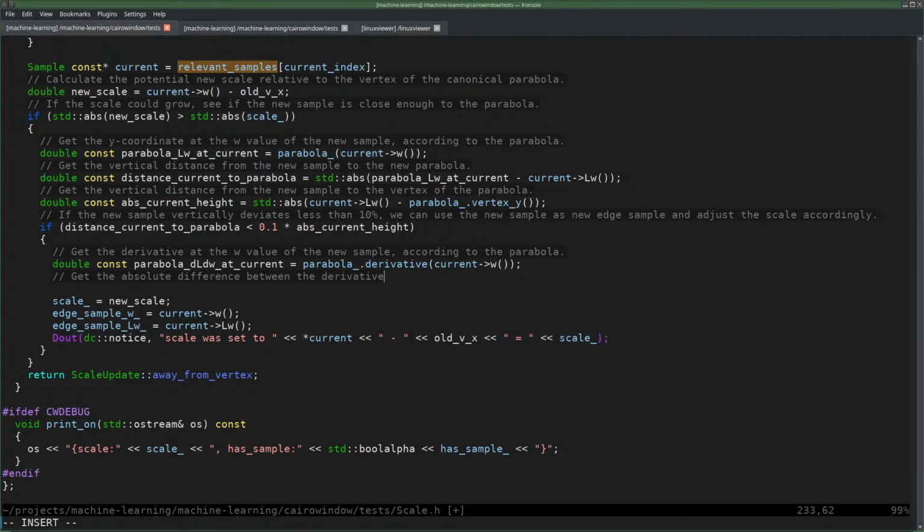Let me think about that. I would rather look at the angle, but that's maybe a little bit too much calculation. What do you think about it?